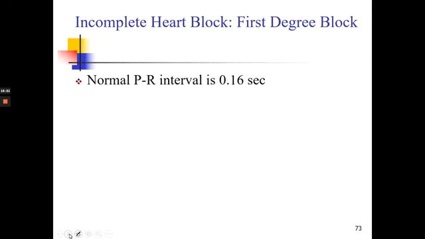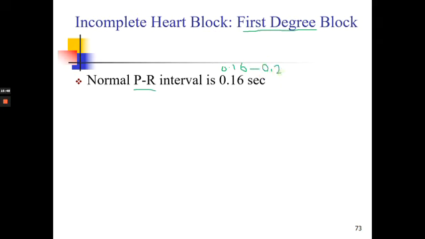First of all, incomplete heart block. That's first degree and second degree. They are incomplete. First degree: in the first degree, the PR interval is more than 0.2. The PR interval of 0.16 can be normal, up to 0.2.